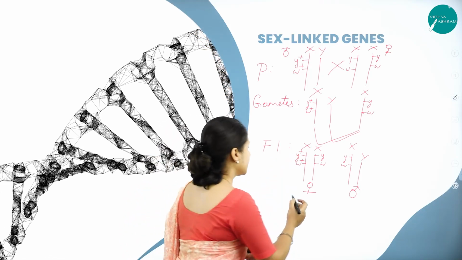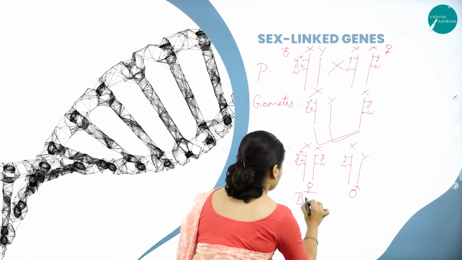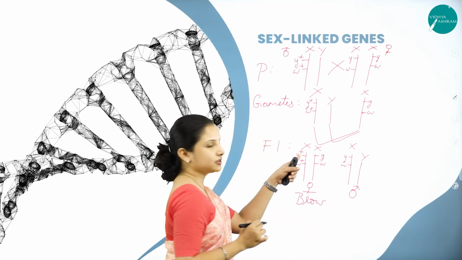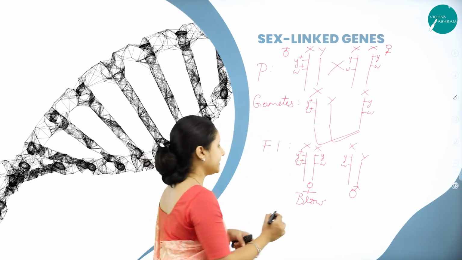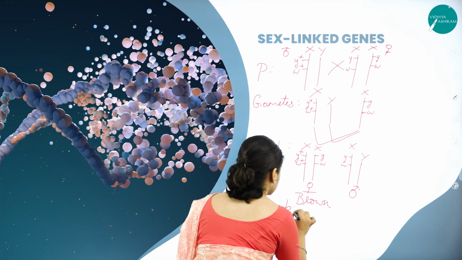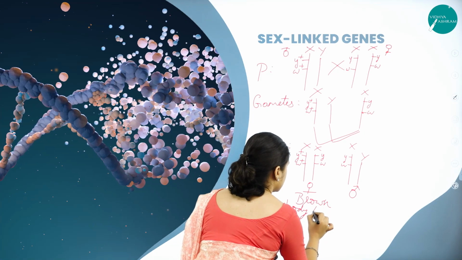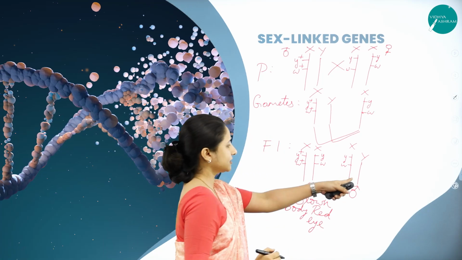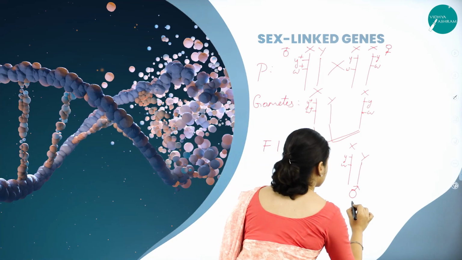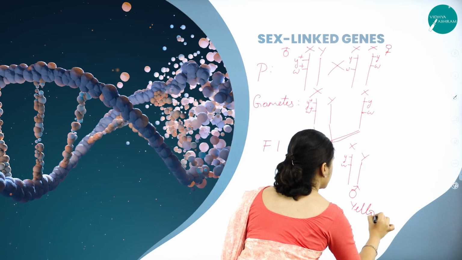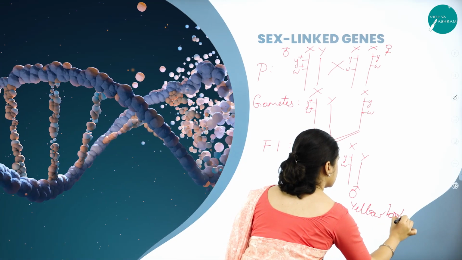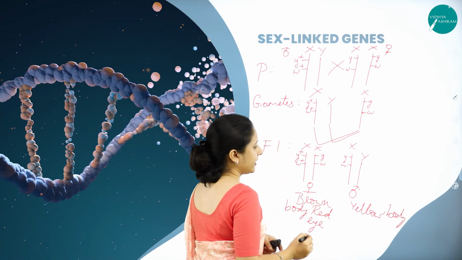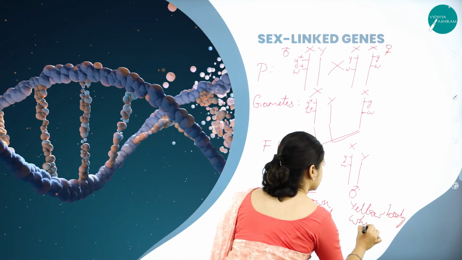So it will have brown body because y plus is dominant here, and red eye, brown body and red eye. So this is male, it will have yellow body and white eye.